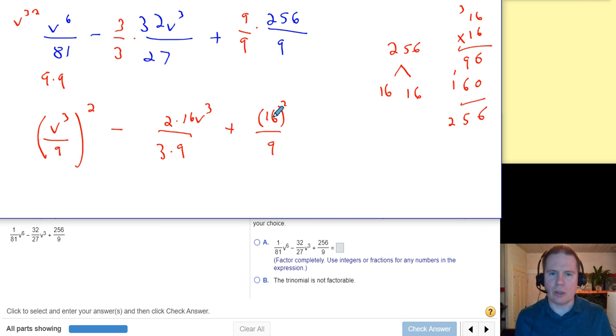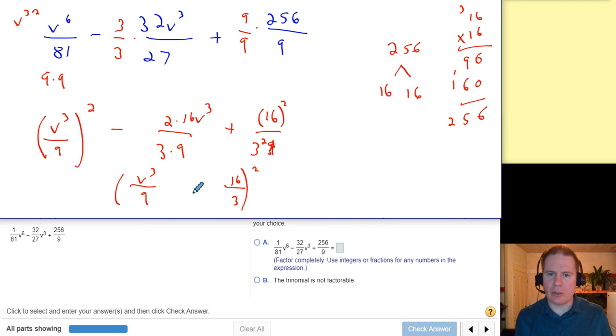Let's see. If I write it as a 3 here, that would be something squared. So let me replace my 9 with a 3 squared. So that's 16 squared over 3 squared. That's 16 thirds squared. We already recognize this as v cubed over 9 squared.